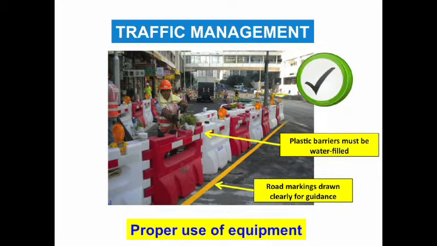For example, here when they put up the plastic barriers, the barriers must be water-filled as it is designed. There must be blinkers adequately installed. Here you see the contractor has drawn the road marking to ensure that the alignment is in place and it is not misaligned. So this alignment has to be checked from time to time.